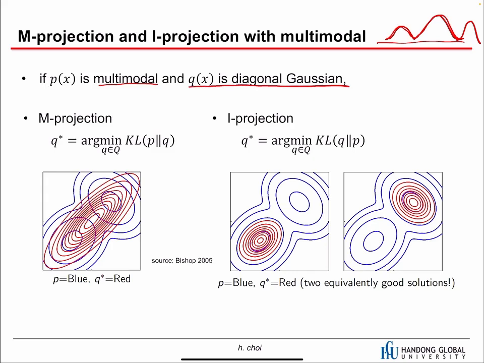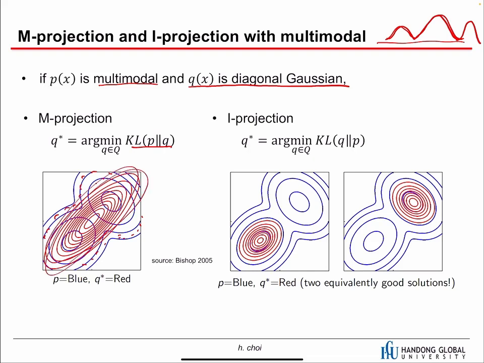Then let's minimize this KL divergence. Then samples are generated by this blue distribution. Then with these samples, Q should model these samples, which means Q should look like this.